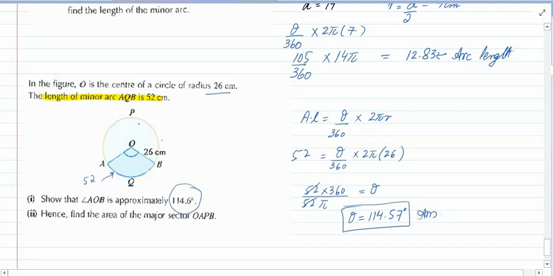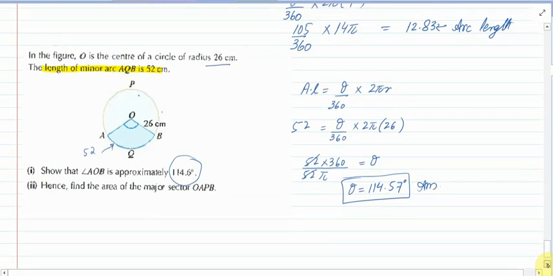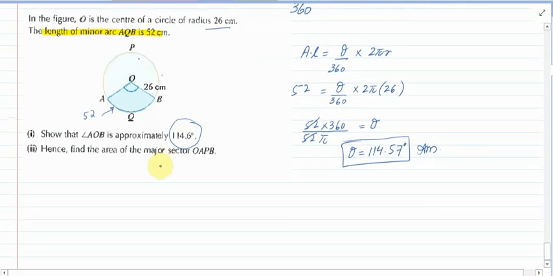The next part, find the area of the major sector OAPB. So first, try it by yourself. Can you tell me what is the first thing we should find here? So that thing is angle, theta, right? And it says area of major sector, and major sector is this one, right?